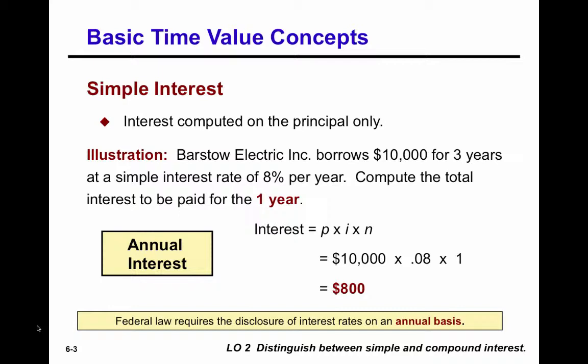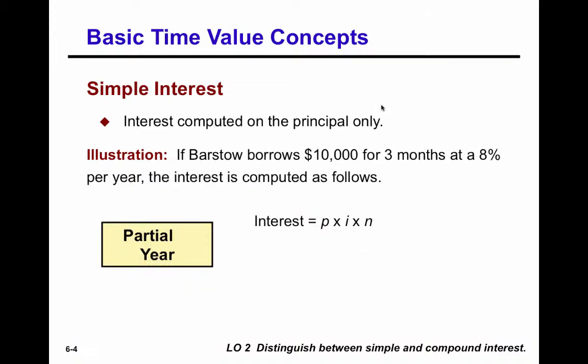In this computation, this $10,000 would have earned $800 on an annual basis. If you were to have that money in a savings account and you withdrew the $800 at the end of the year, then during the next year, when you would earn 8% again, you would also earn another $800. And this is the concept of simple interest, that it involves an addition to interest but is calculated on the principal only.